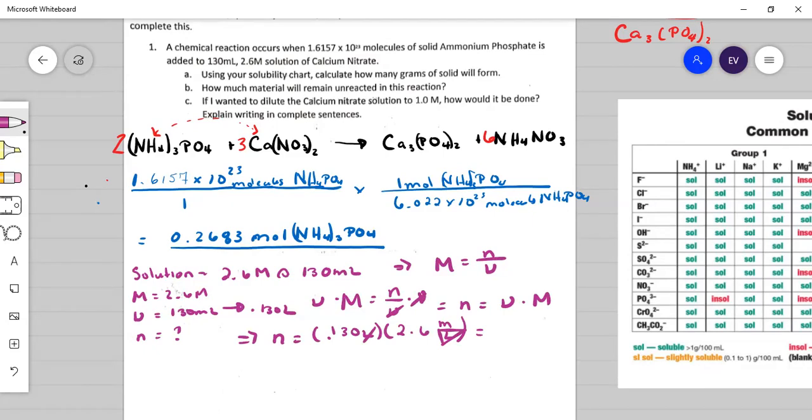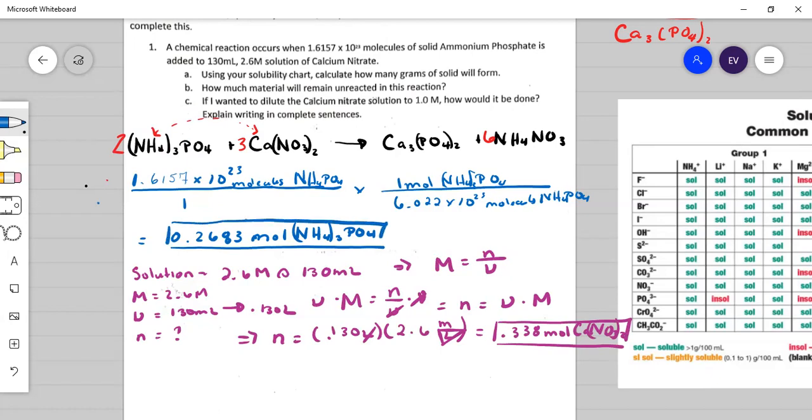Punching into my calculator, 0.130 times 2.6 gives a total of 0.338 moles of calcium nitrate. I'm going to box in my answer. Let me box in this one too, just so we know.